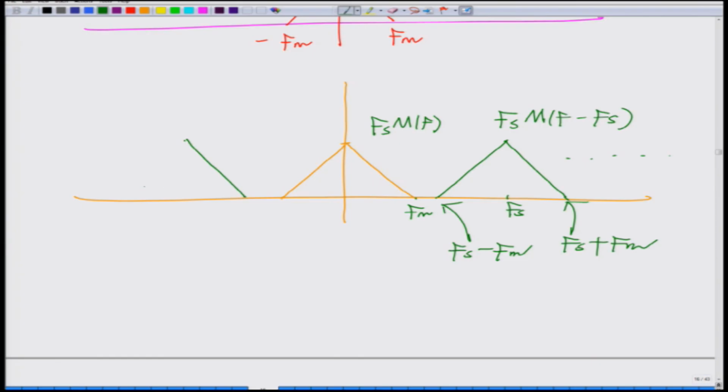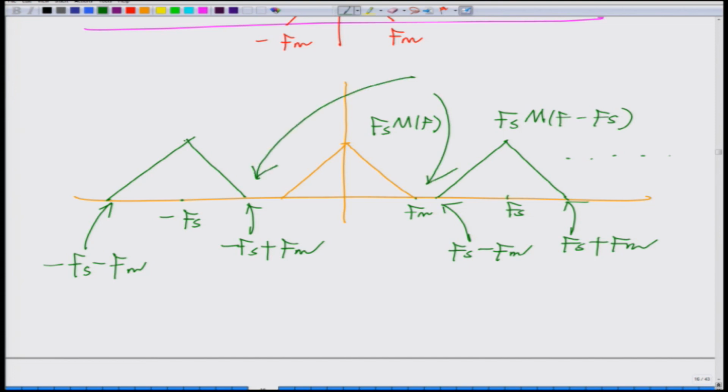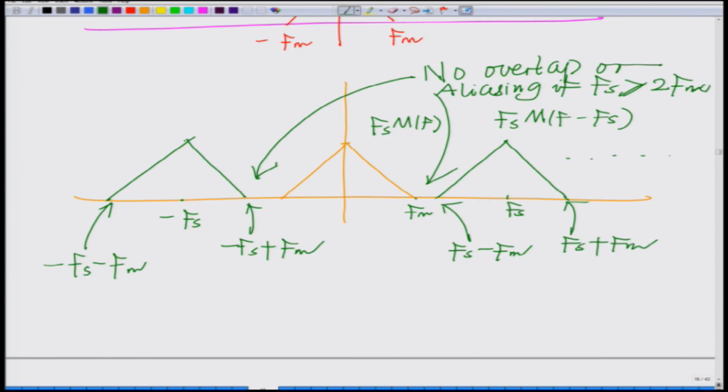Similarly, here you will have at minus Fs, this is your minus Fs plus Fm, this is your minus Fs minus Fm, and now realize there is no overlap or aliasing if Fs is greater than or equal to 2Fm. And now there is no distortion.